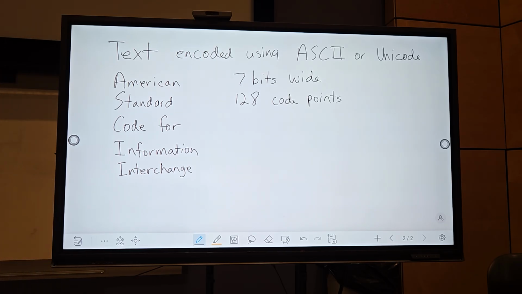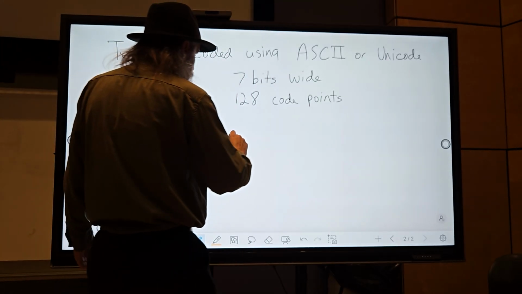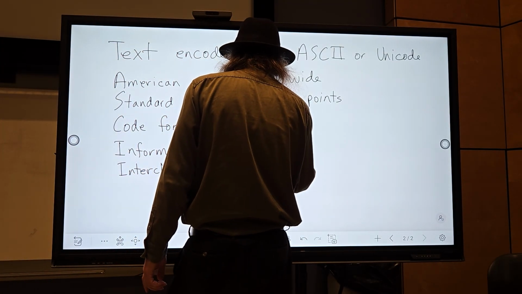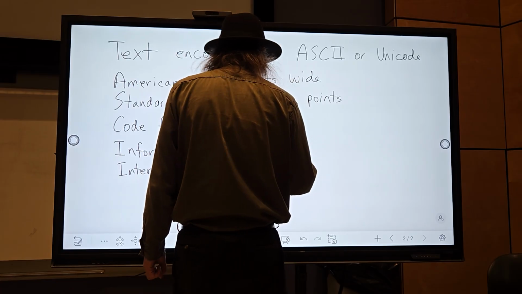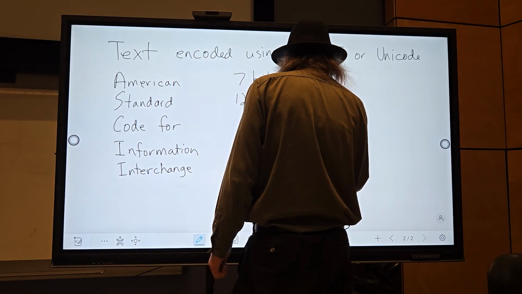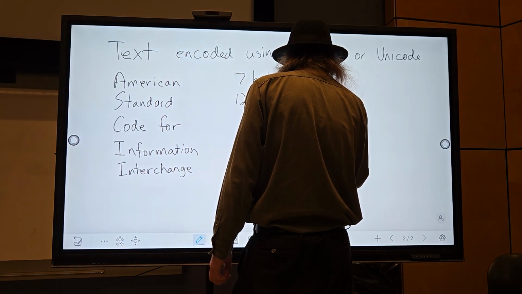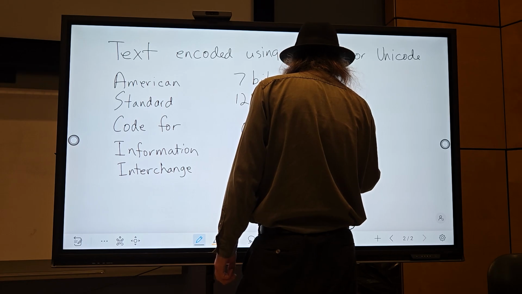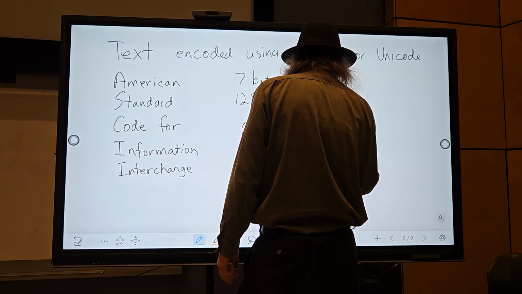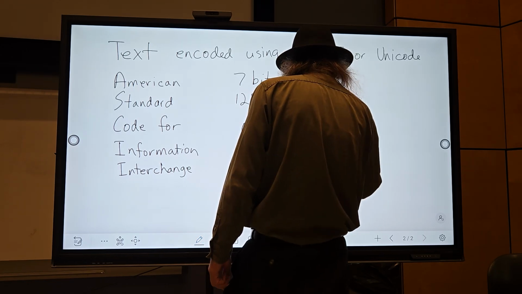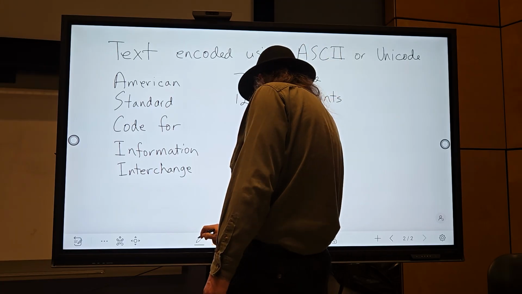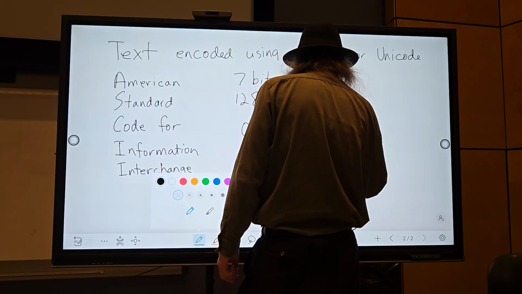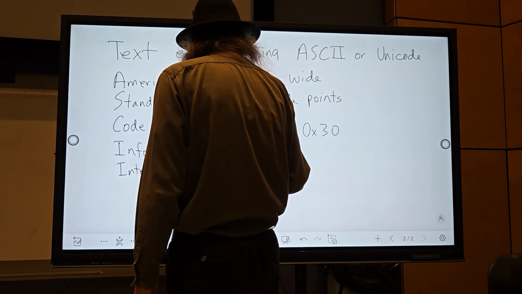Let's see here. The representation of numbers, 0 through 9, are encoded starting at 0x30.